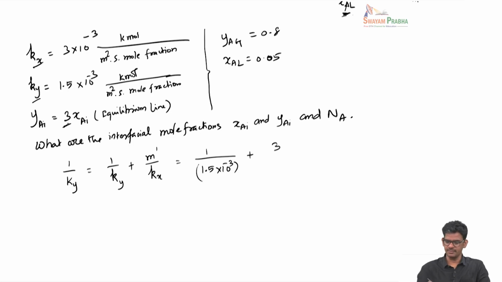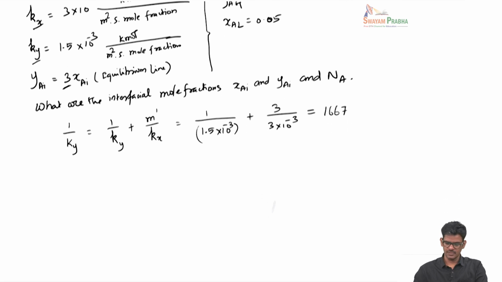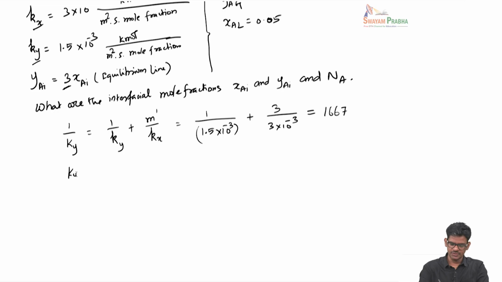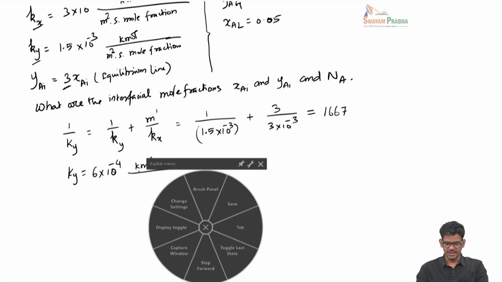M prime is 3, Kx is 3 into 10 power minus 3. If you solve this, you will get 167. Then you can invert this to get capital Ky, and you will get 6 into 10 power minus 4. The unit is the same as Kx and Ky.